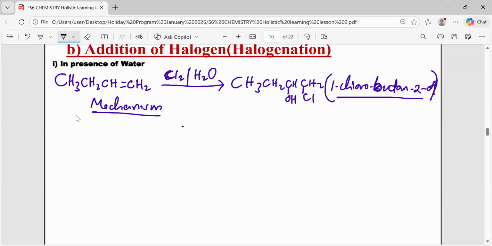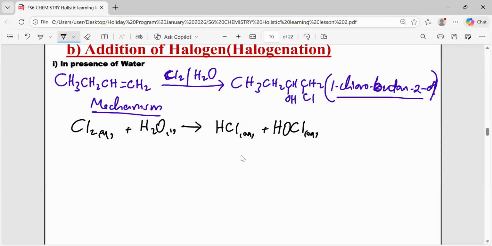Aqueous chlorine reacting with water, what will it form? Hydrogen chloride, plus water.